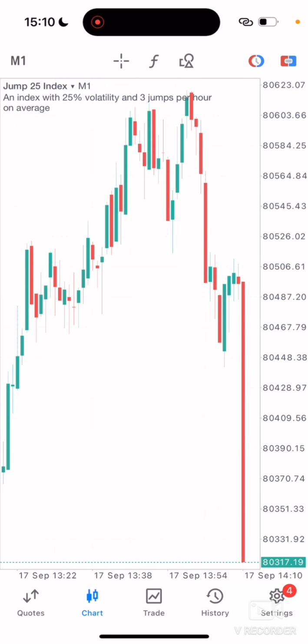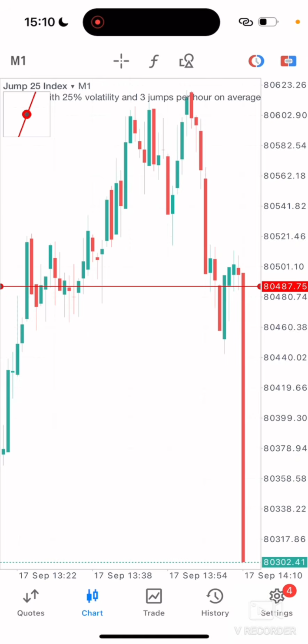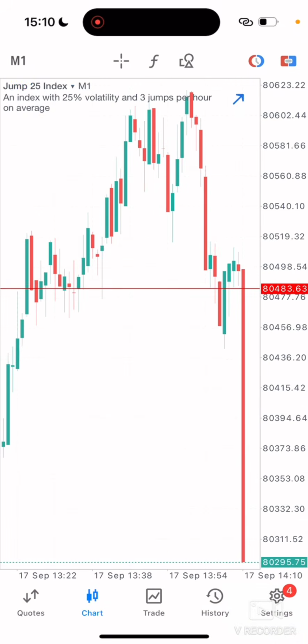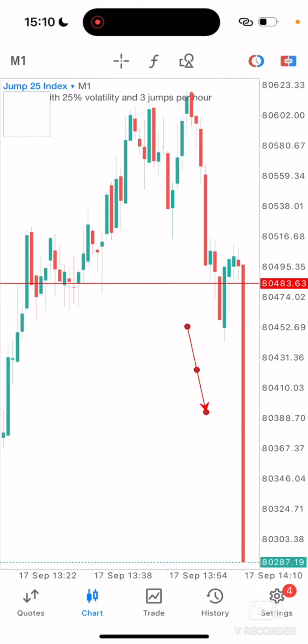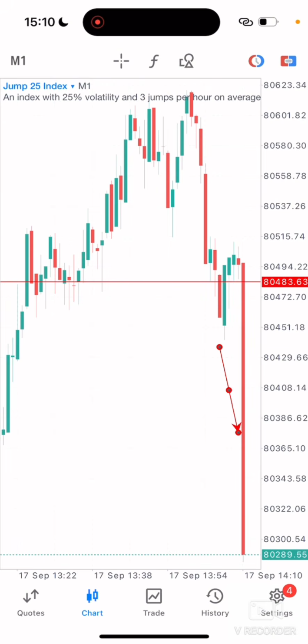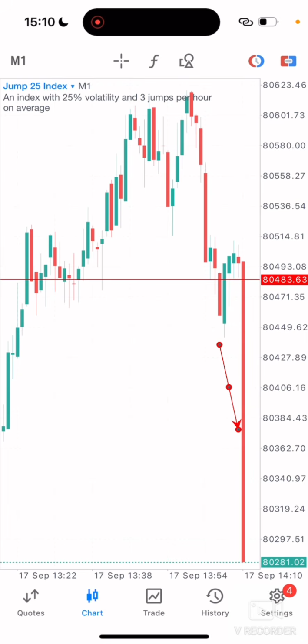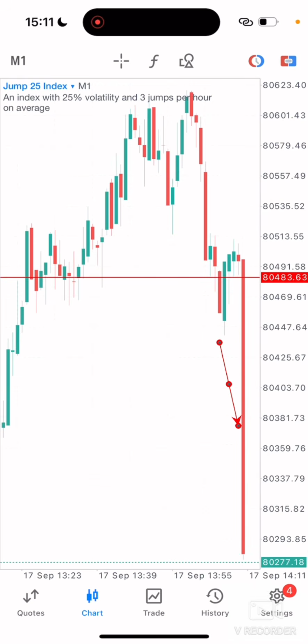That is what I mean by a spike. Imagine I took a buy from this point and this spike happens. This spike is capable of wiping away my account. It is capable of causing serious damage to my account. In fact, stop loss won't work at this point.